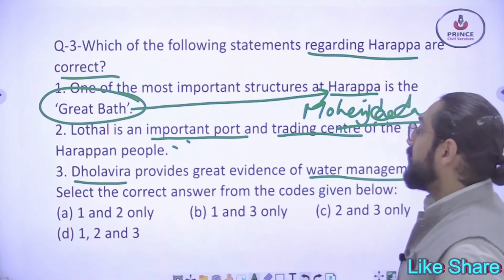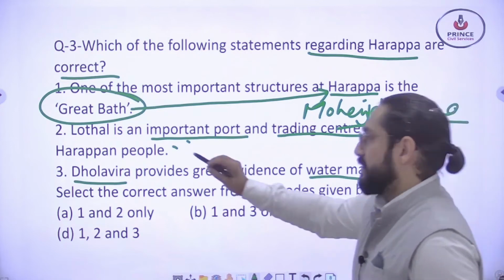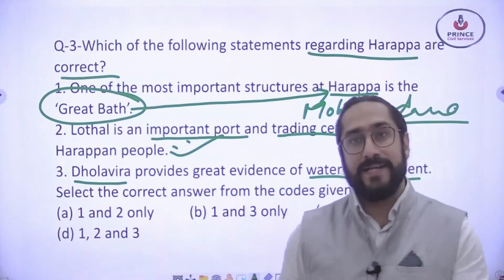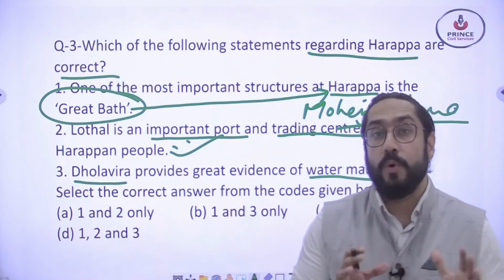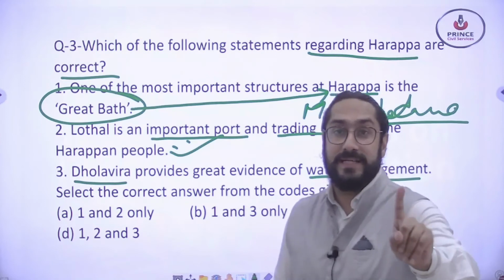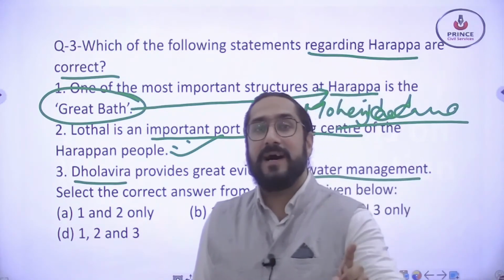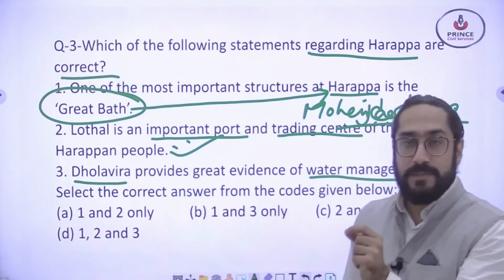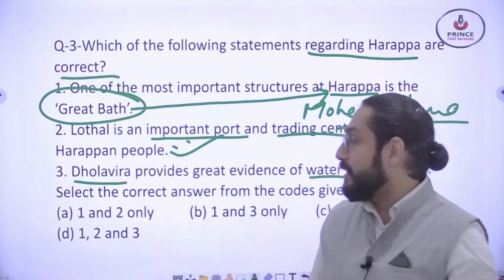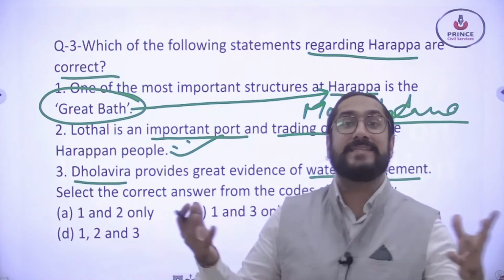Second is Lothal is an important port and trading center. So yes, this statement is right because Lothal, located in Gujarat, was an important port city of the Harappans. Third is Dholavira, a very important city. Dholavira has got the label of UNESCO's World Heritage Site, and Dholavira is a city of exceptions.